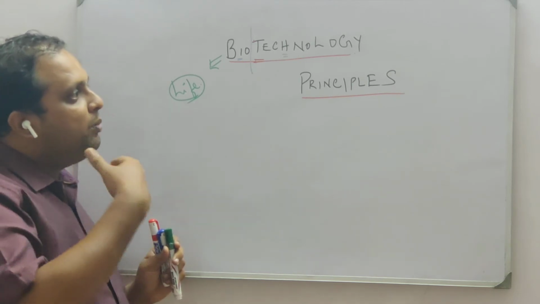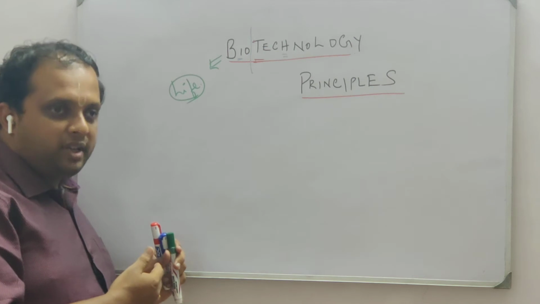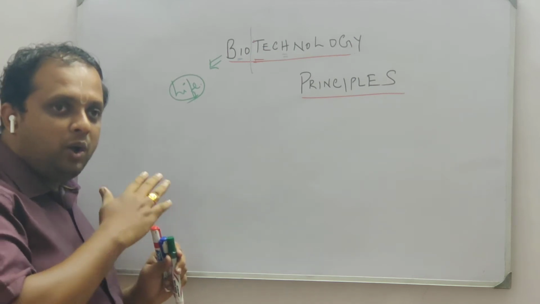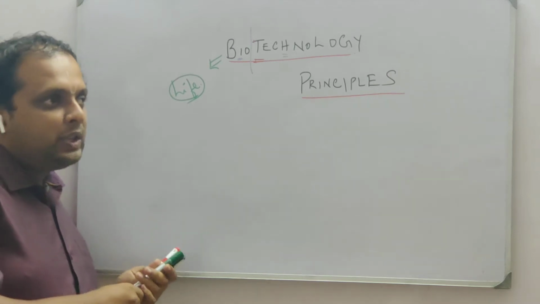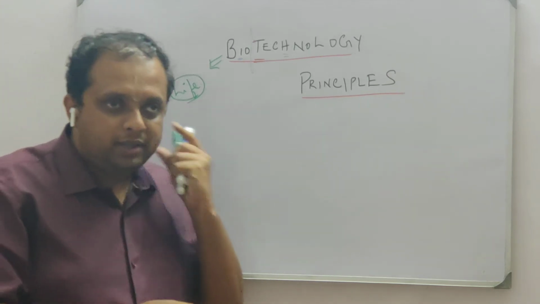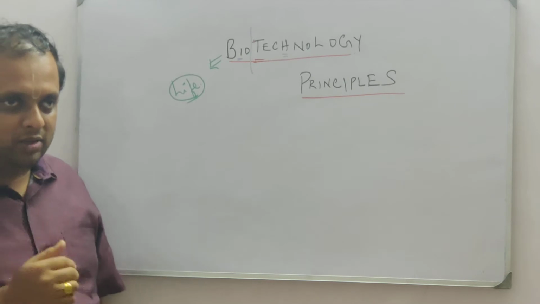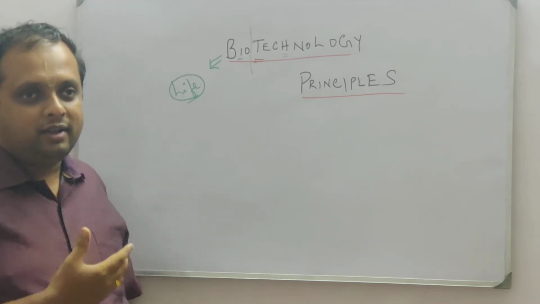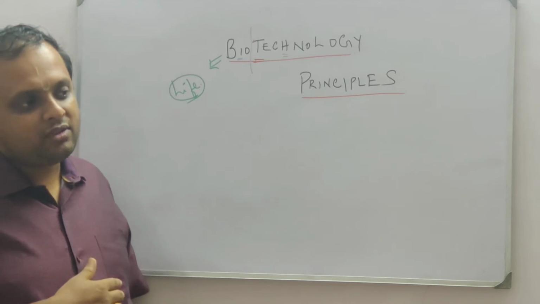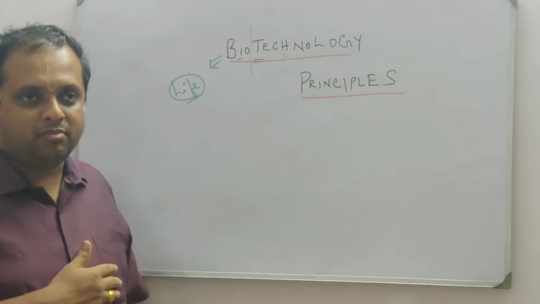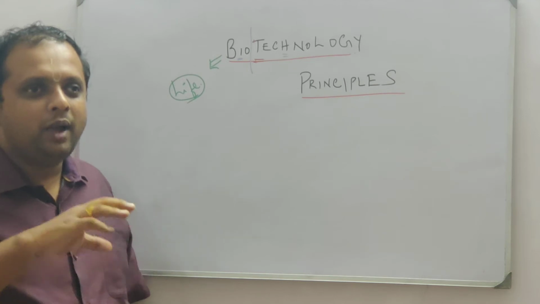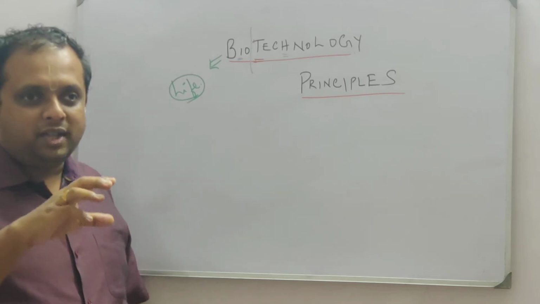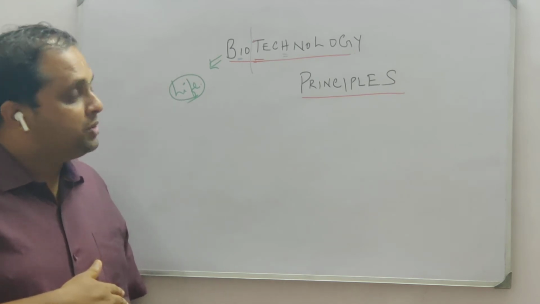Before we move on to what those techniques and details are, I'd like to highlight a few important applications of biotechnology, with which we can understand these techniques in a very clear way. We have a separate chapter called biotechnology applications, but I would like to highlight a few important ones.